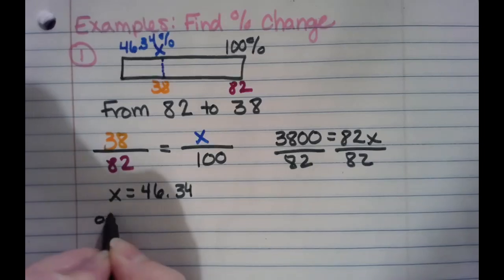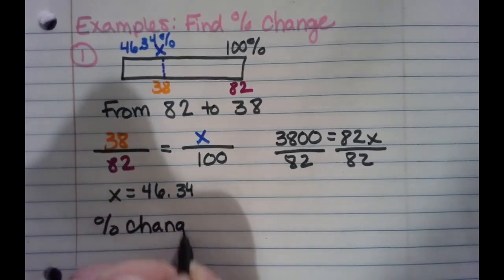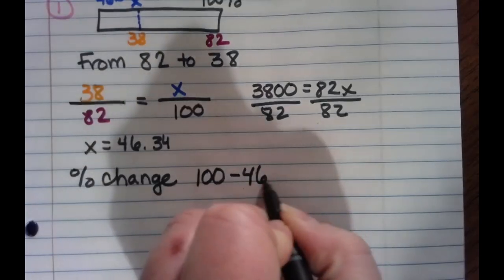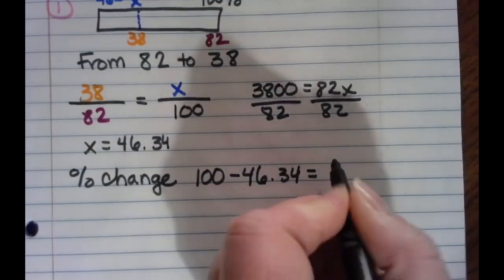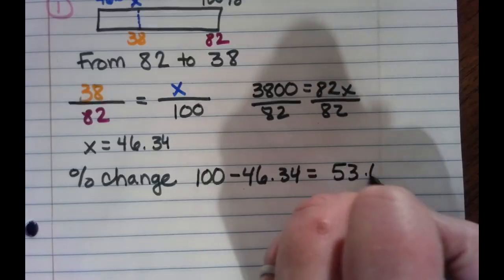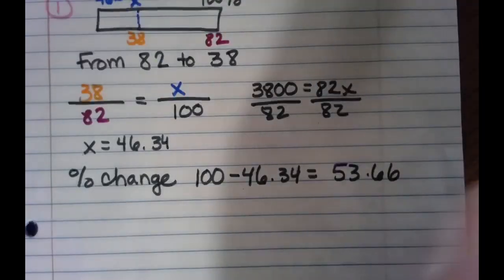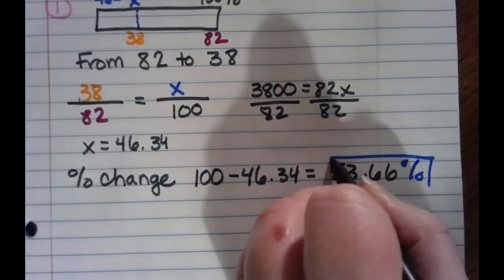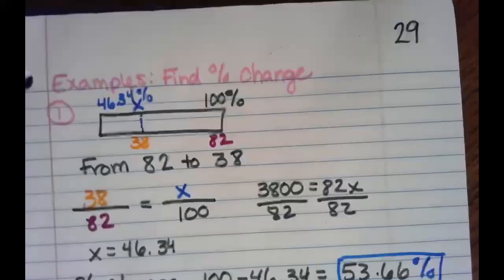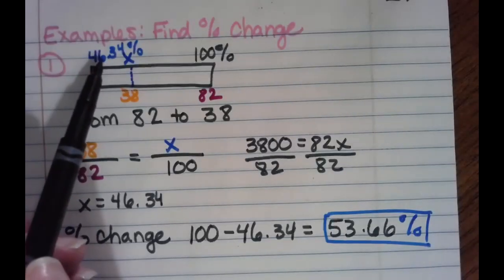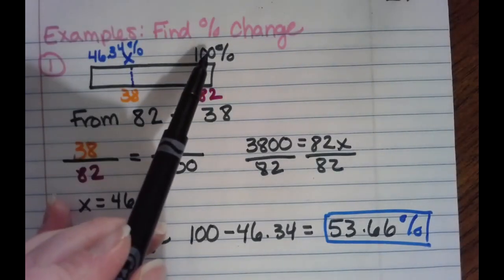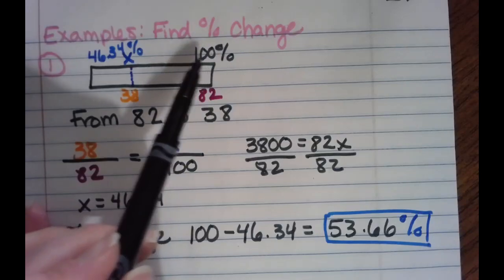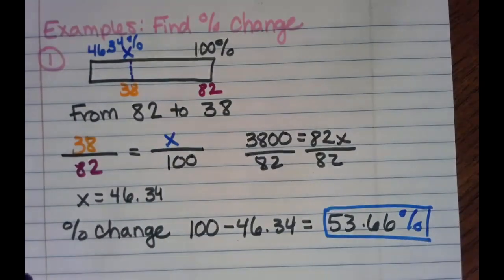To find the percent change, you have to say 100 minus 46.34, and you get 53.66. So the actual change here is 53.66%, because we didn't change by 46.34. We ended there. So we have to figure out what's the difference between 100 and 46.34.